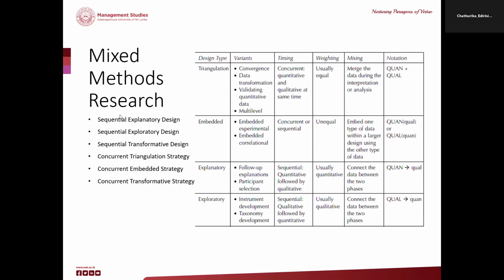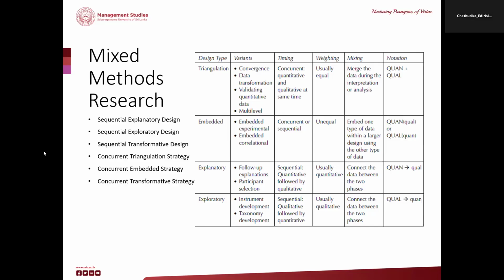So here you can see there are 6 major designs under the mixed method design. Those are sequential explanatory design, sequential exploratory design, sequential transformative design, concurrent triangulation strategy, concurrent embedded strategy, and concurrent transformative strategy. The names are difficult, but the name itself provides what sort of strategy it is.